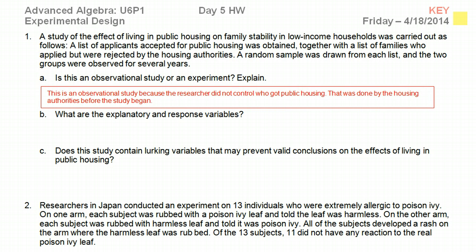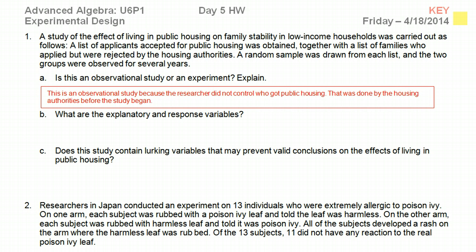Just for comparison, let me explain what an experiment would have looked like in this particular context. Imagine that the researcher got permission from the housing authority to be the one who decides who gets public housing and who doesn't. So imagine that the population was everyone who had applied for public housing.